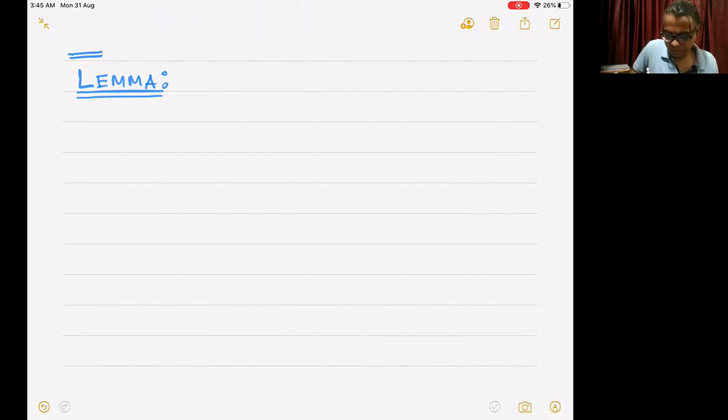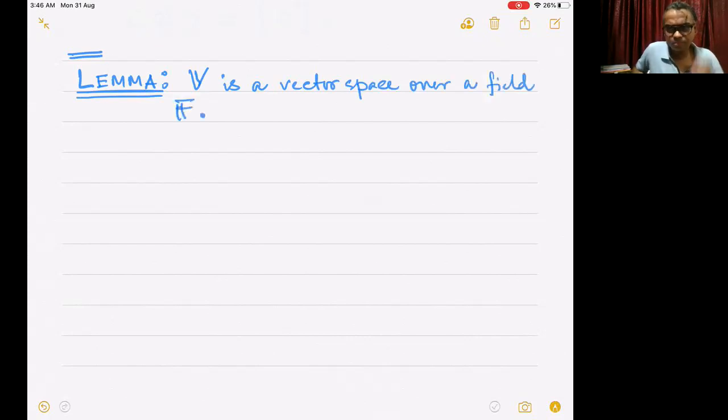V is a vector space over a field F. It doesn't have to be finite dimensional or anything, just some vector space.